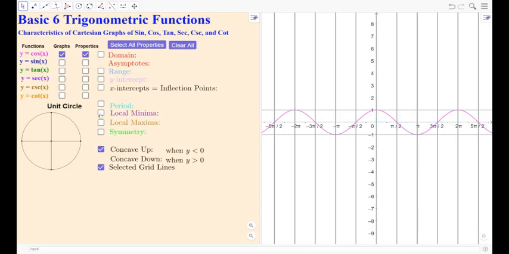How about extremum? This one also has local maxima and local minima. Let's look at the local maxima first. Maxima are going to happen when the x is the biggest over here in the unit circle picture. That's going to be all the way to the right here at 1, 0 for where the terminal ray is.